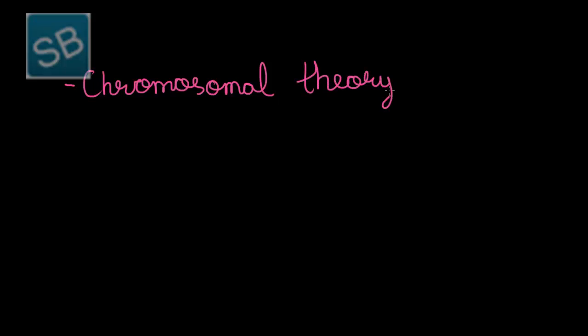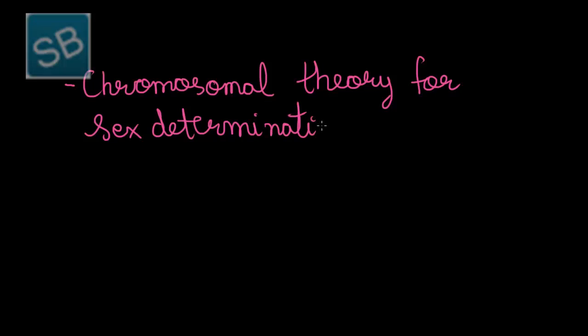However, after the study of these scientists, the exact sex determination theory was proposed later. That is, the chromosomal theory for sex determination was later proposed by a scientist named Miss Stevens in the year 1905.